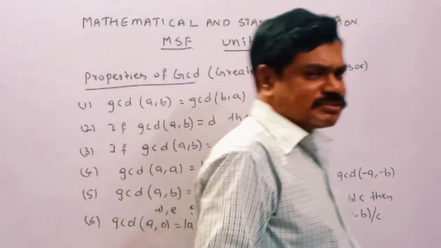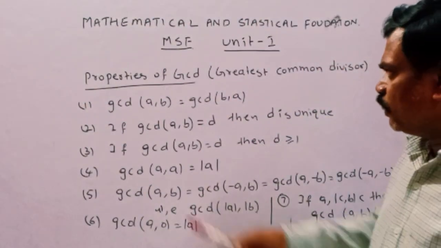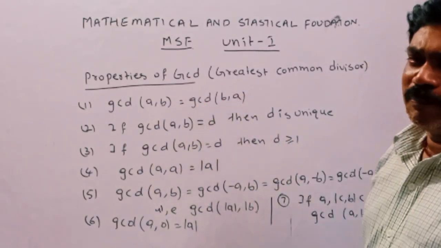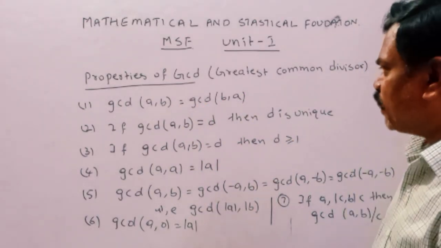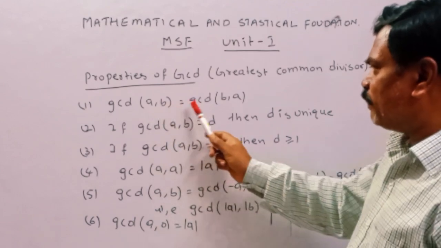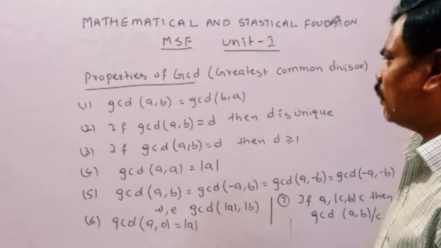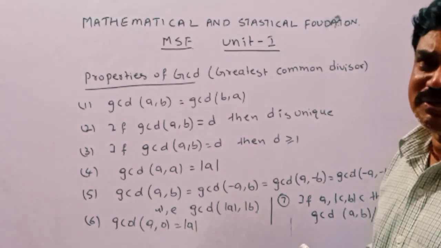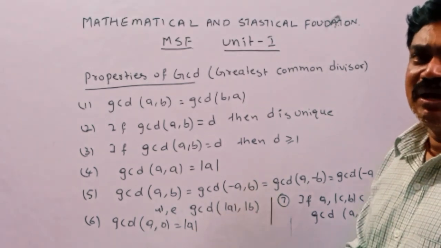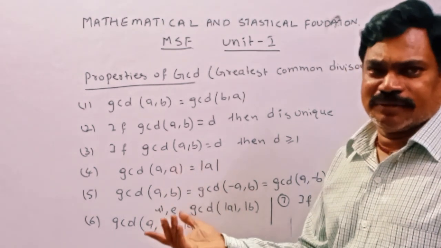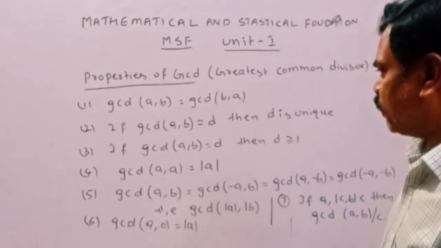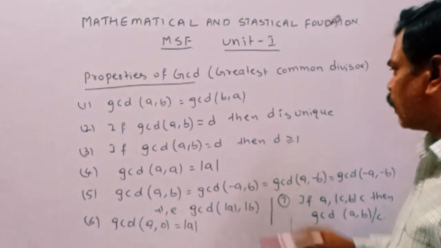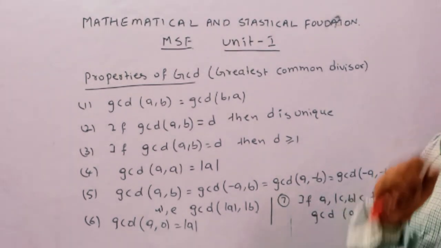What are the properties? You observe, all of you. GCD of A comma B is always equal to GCD of B comma A, meaning whichever is smaller you can take first and greater as second. And if GCD of A comma B is equal to D, then D is unique.